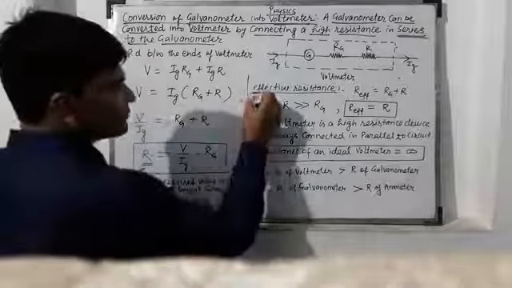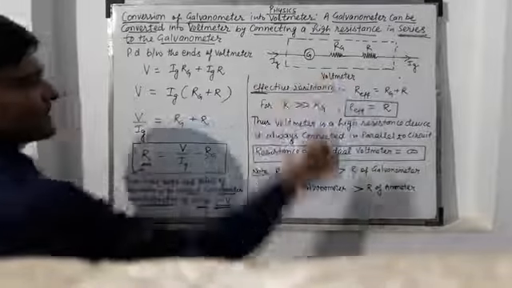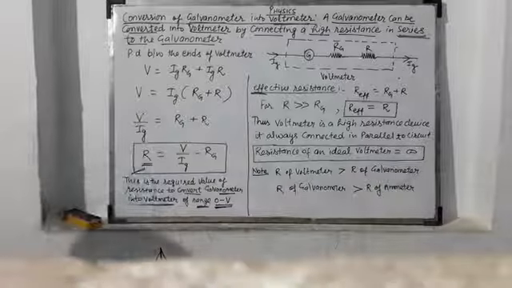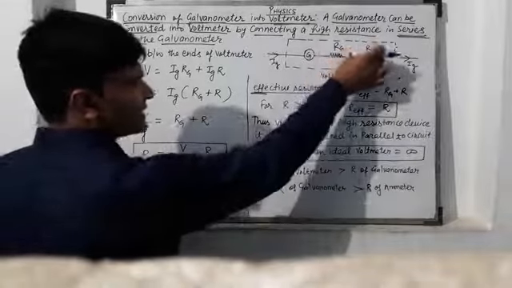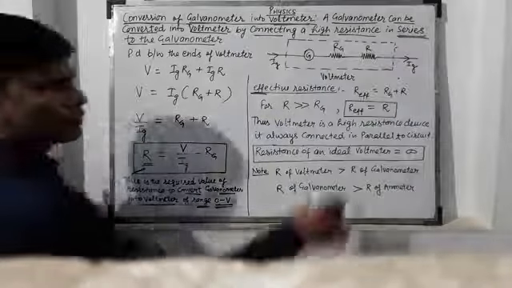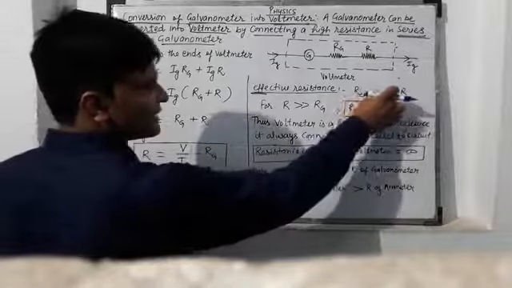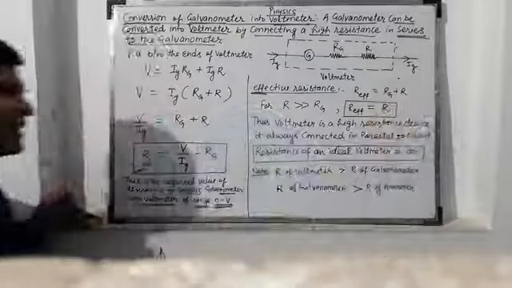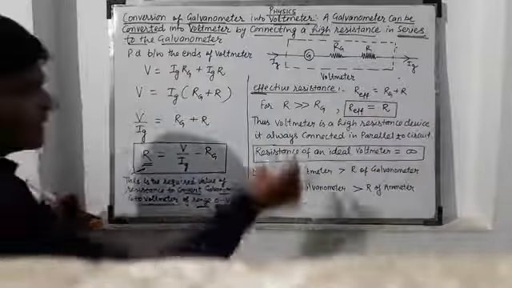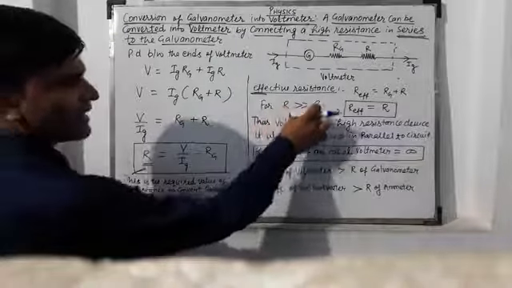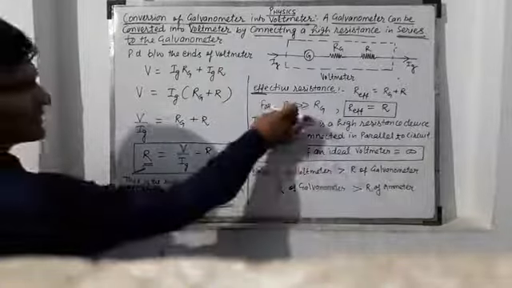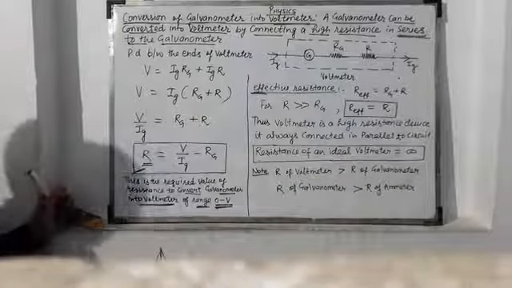Now the effective resistance of the voltmeter. As we know that Rg and R are in series, so the effective resistance is Rg plus R. But as we know, R is much larger than Rg because R is a very high resistance.